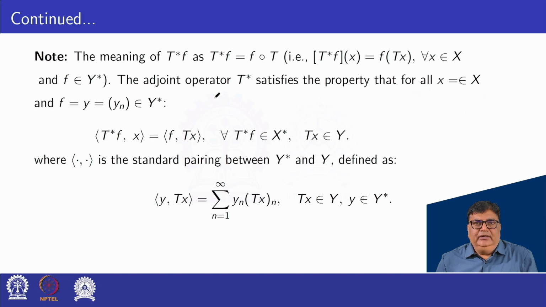The adjoint operator T star satisfies the property that for x belonging to capital X and f equal to y, that is the sequence yn, an element of Y star, the inner product of T star f and x is equal to the inner product of f and Tx.